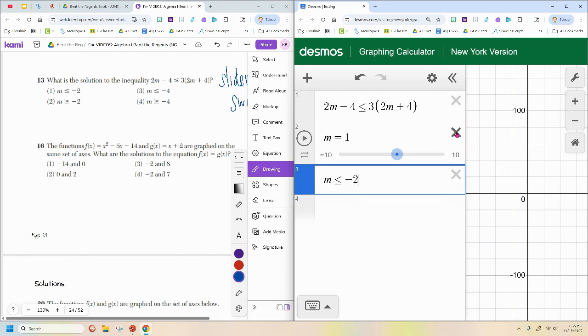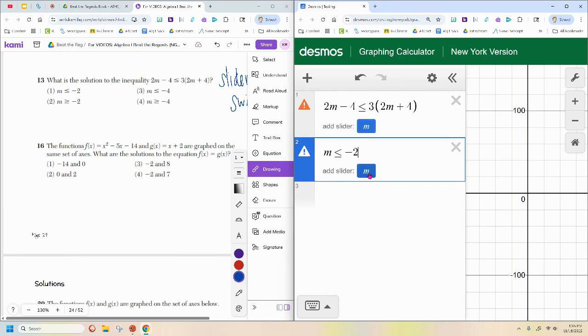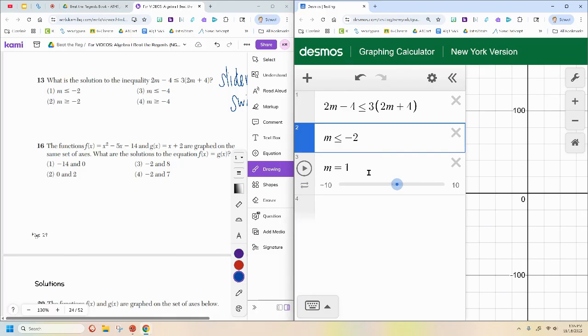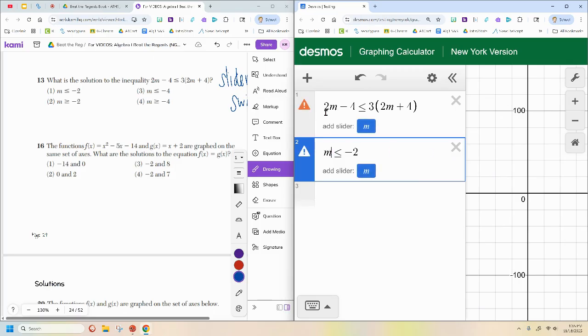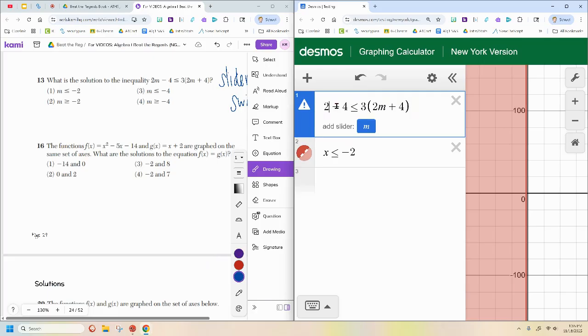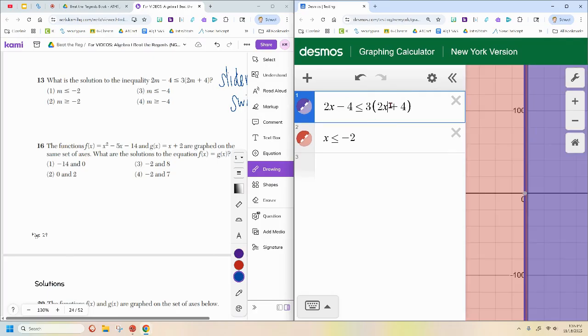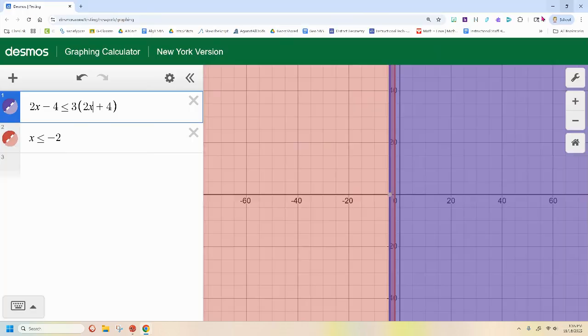So let's go and kill the slider. No. Still yuck. Kill the sliders. Let's change this to an X. X. X. X. All right. So first things first.